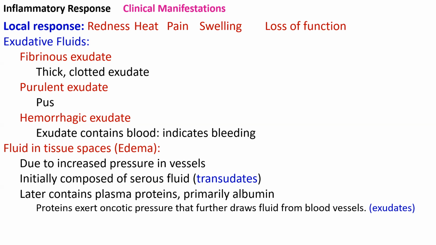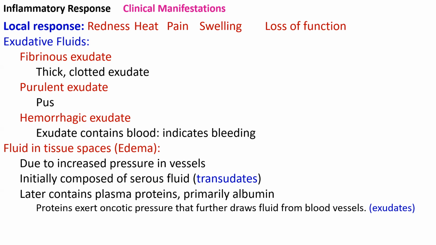Initially, it is composed of serous fluid, which is transudate, and later it will contain plasma proteins, primarily albumin, in which the protein exerts oncotic colloidal pressure that will further draw fluid from blood vessels, which results in exudates.